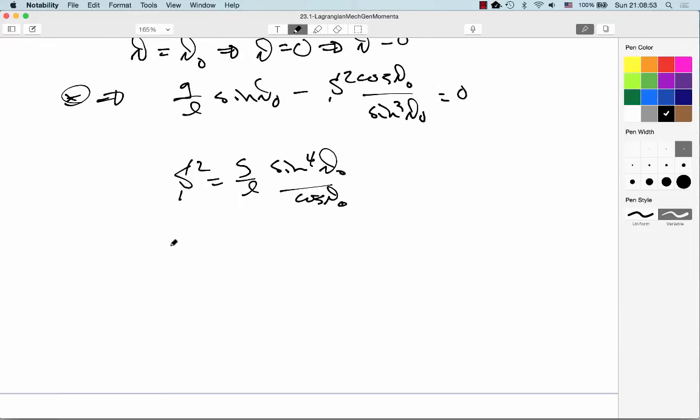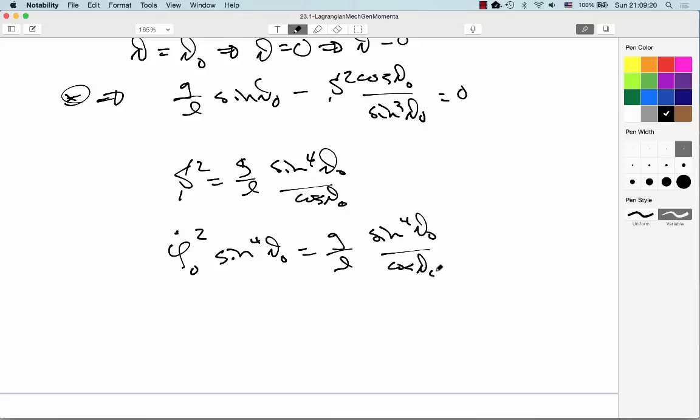So we will be going at some speed phi naught dot squared. That'll be, oops, putting in for my s, and then squaring the sine squared theta gives me a sine to the 4 theta. That equals g over L sine to the 4 theta naught over cos theta naught.